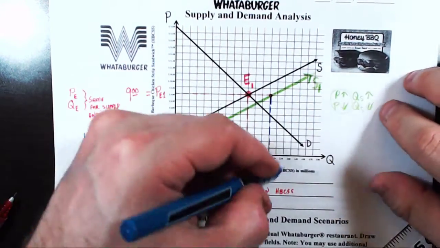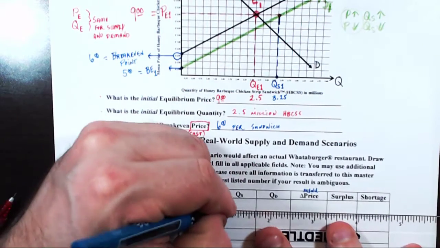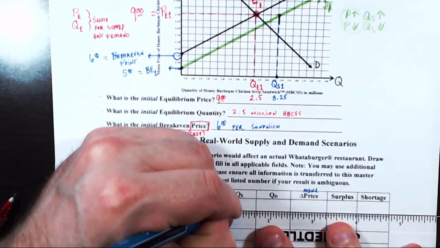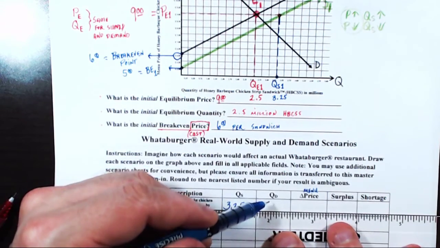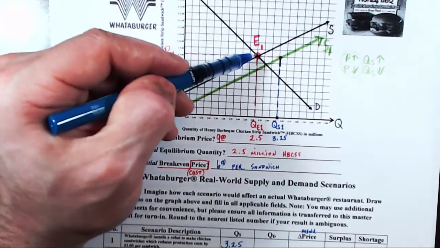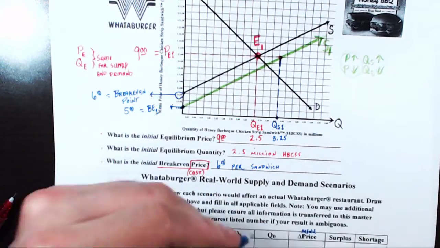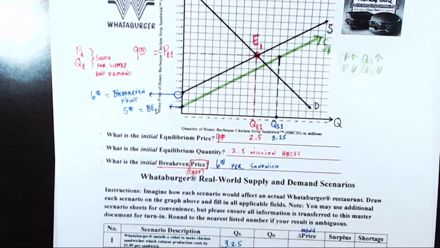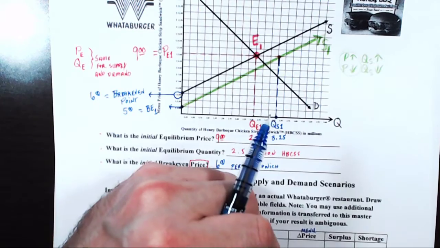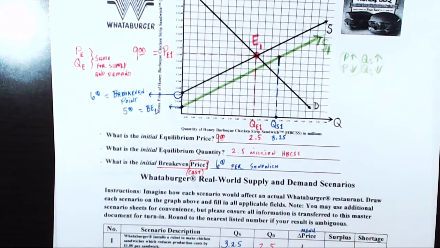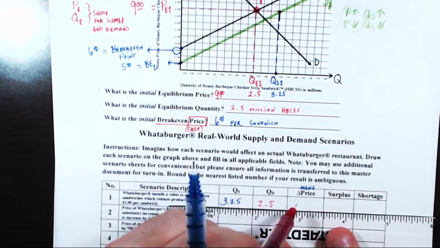Okay, so for scenario 1, we can fill in some information. The new quantity supplied is 3.25 million sandwiches. Quantity demanded, ladies and gentlemen, is still 2.5 million. It did not change, and that's the problem. Did price change? No, price is still $9.